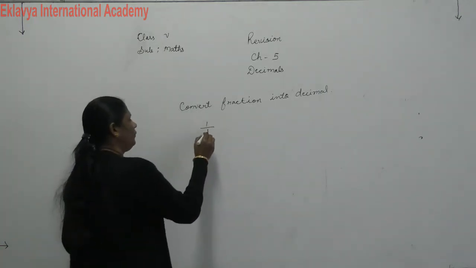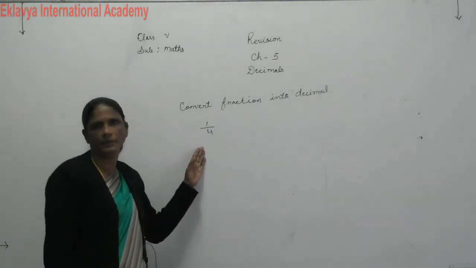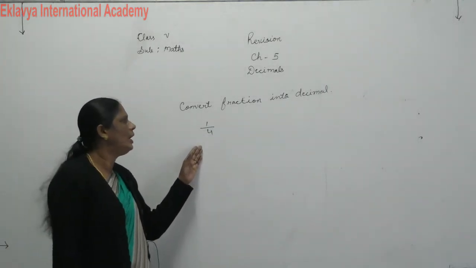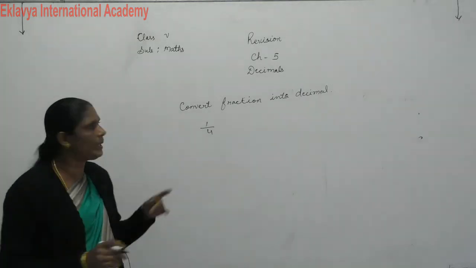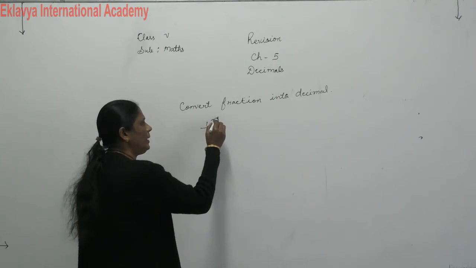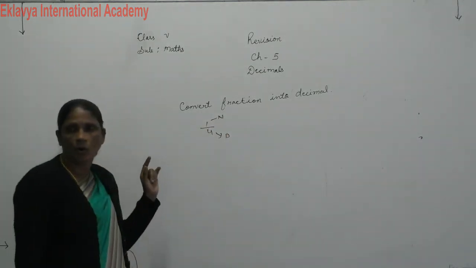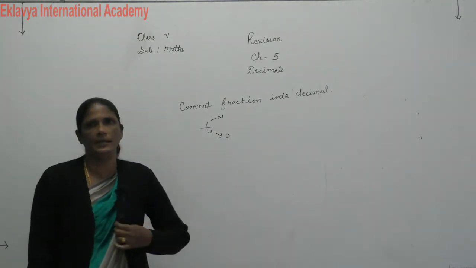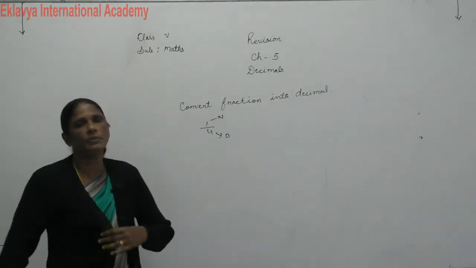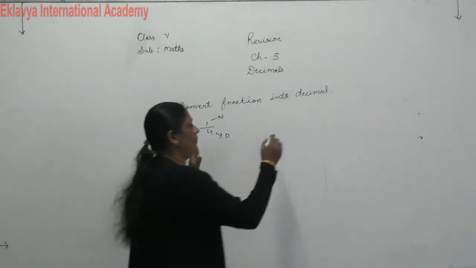Now, how to convert fraction into decimal in 1 by 4. Here, there is no 10. First, you divide this number. This is our numerator, this is our denominator. Always the numerator comes inside and the denominator comes outside. What is our numerator? 1.